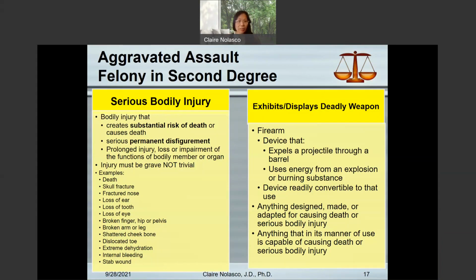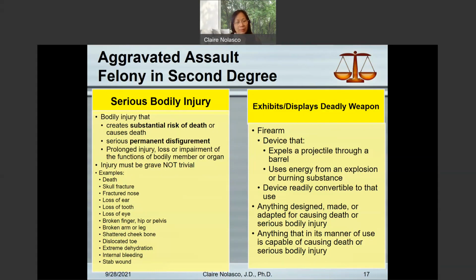A bodily injury is serious if it creates a substantial risk of death or causes death. It causes serious permanent disfigurement. It causes prolonged injury, loss, or impairment of the functions of a bodily member or organ. So the injury must be grave and not trivial.